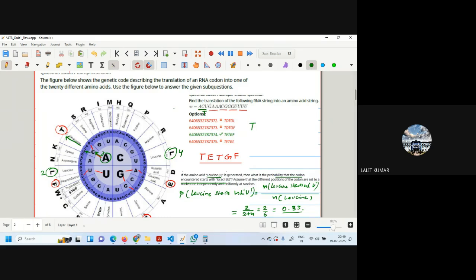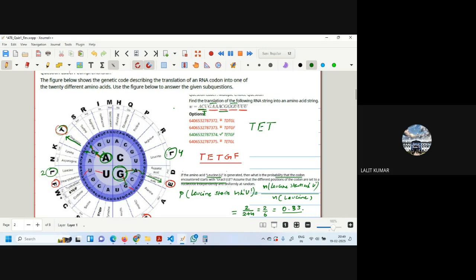Then I go to the second, GAA. I come to G, I go to A, and I go to A. So this corresponds to E. Then I come to ACG. I come to A, then I go to AC, and then I go to G. This also corresponds to T. Then GGU.